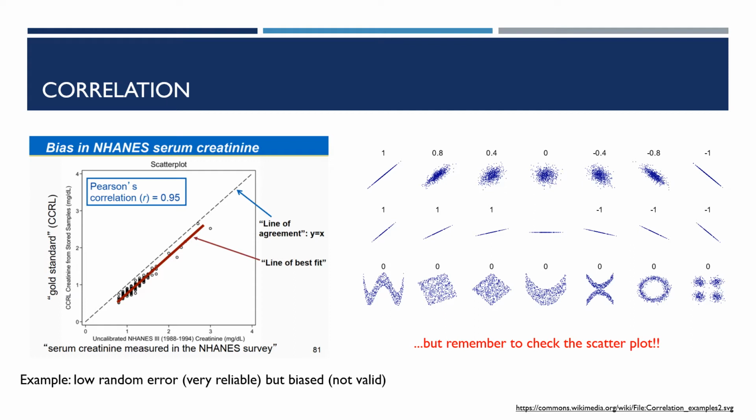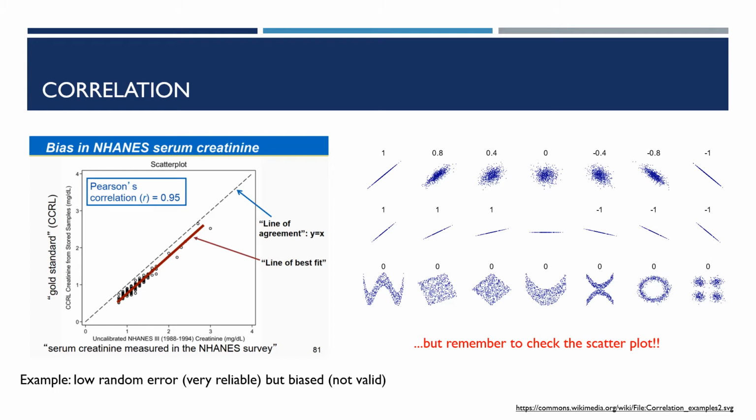The correlation coefficient is 0.95, which is very close to perfect correlation. However, the line of best fit is a little bit different from the line of agreement. Therefore, the authors concluded that the serum creatinine measure in the survey is very reliable.